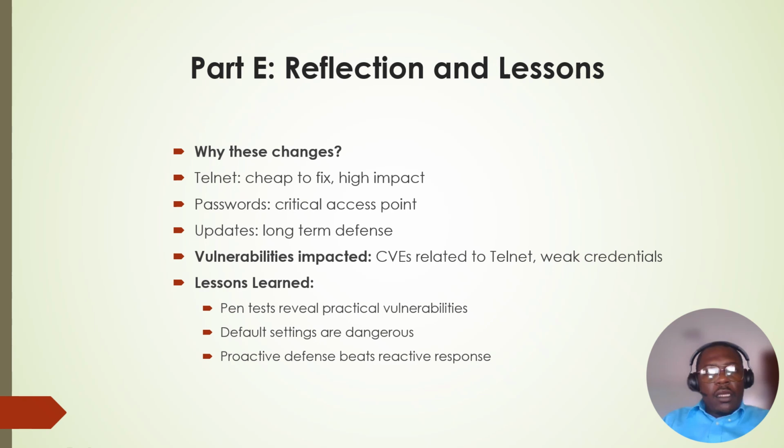And fixing the Apache configuration helped reduce information exposure. The vulnerabilities affected include CVEs tied to Telnet and default Apache behavior. My expectations mostly aligned with the actual outcome. But I learned that some other services cannot be fully hardened without upgrading the system entirely.